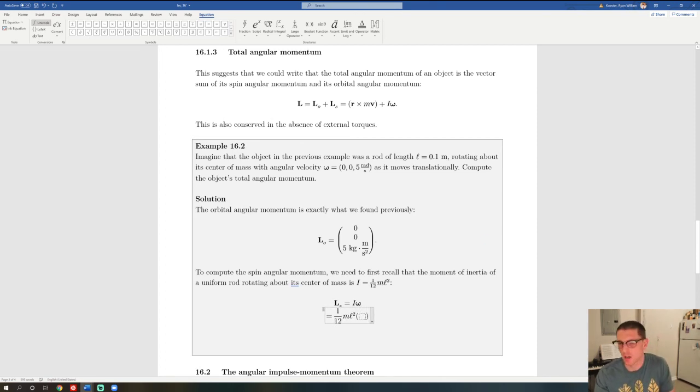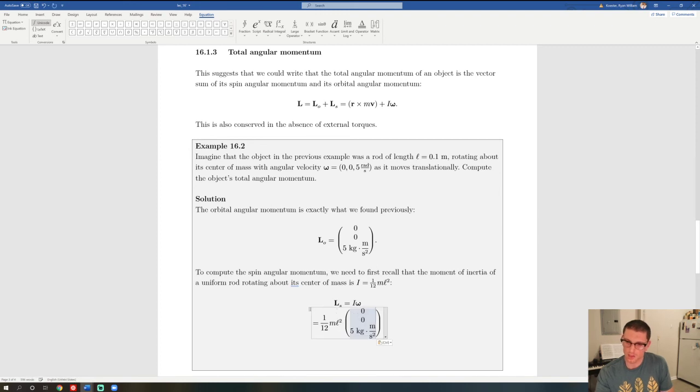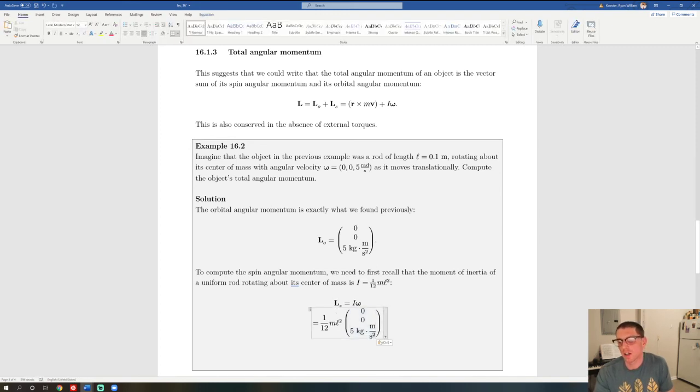I'm going to actually copy and paste this because this is almost what we want here, except remember that this column vector is actually the angular velocity. And so we would have 5 radians per second down here.